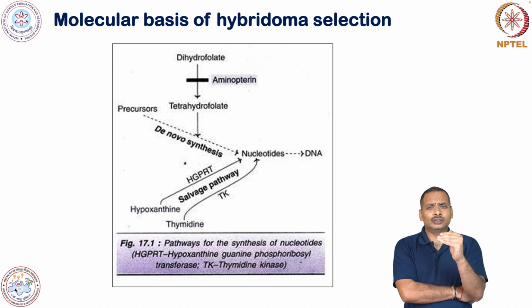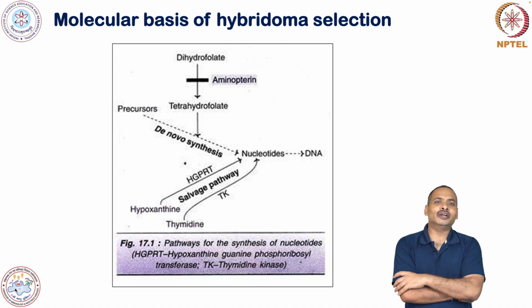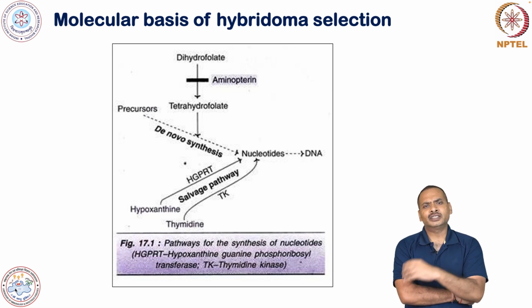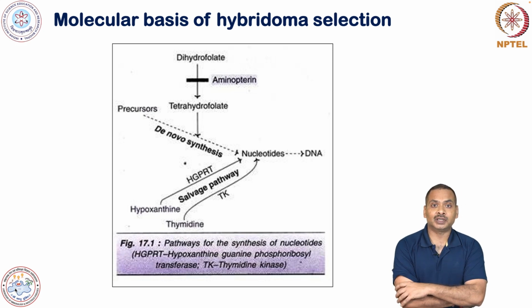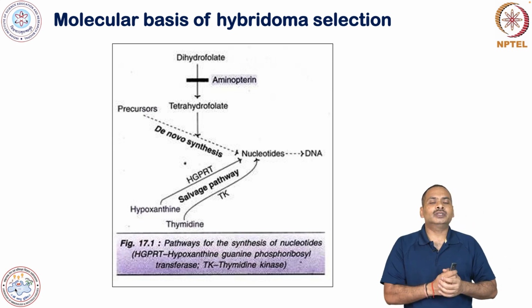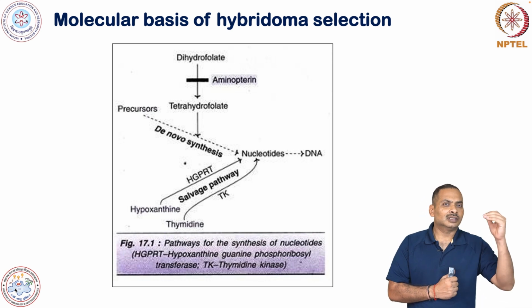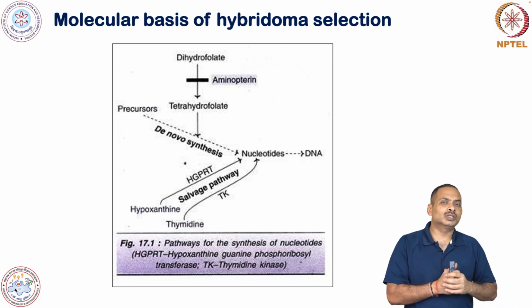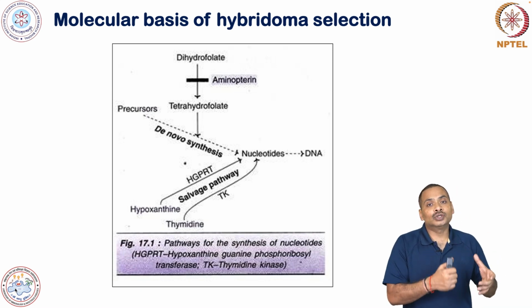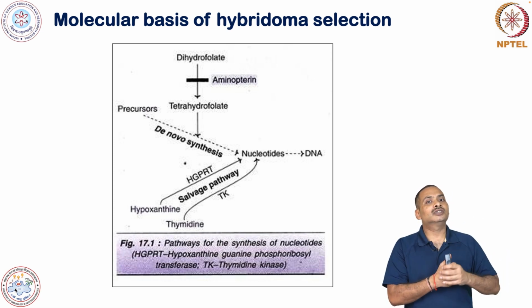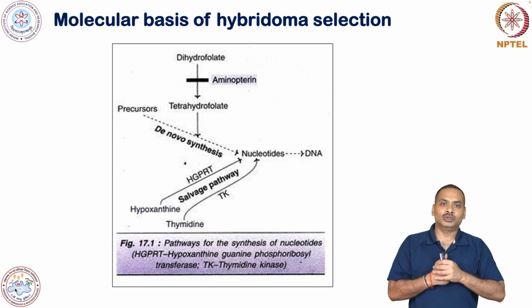And I am just trying to refresh your biochemistry knowledge. So DNA synthesis in cells takes place by two major pathways. One pathway we call the de novo pathway, okay, and another is the salvage pathway, okay. So in the de novo pathway, all the basic units of DNA, that is the bases, the ribose sugar and inorganic phosphate, are synthesized, and then this makes a nucleoside and nucleotide, and then these nucleosides and nucleotides polymerize, and that makes a DNA molecule, okay.